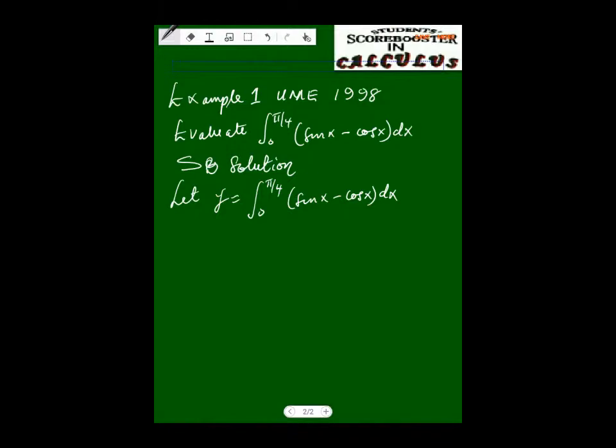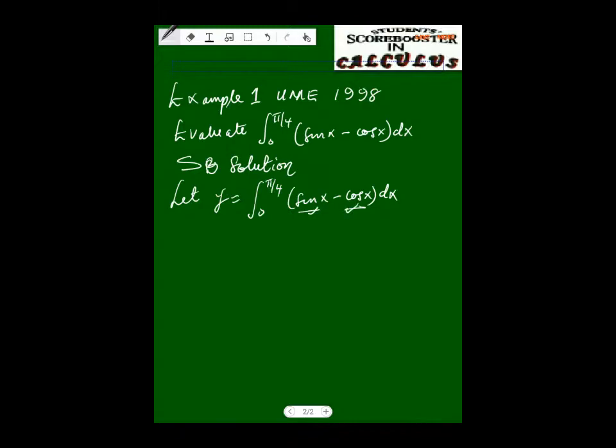There is no difference between differentiation and integration when it comes to the issue of the sum rule. So we have 2 terms, 1, 2. We are going to integrate this one separately and integrate this one separately.